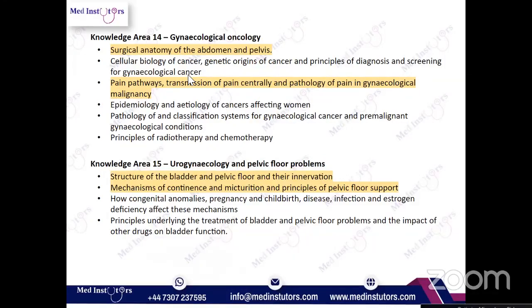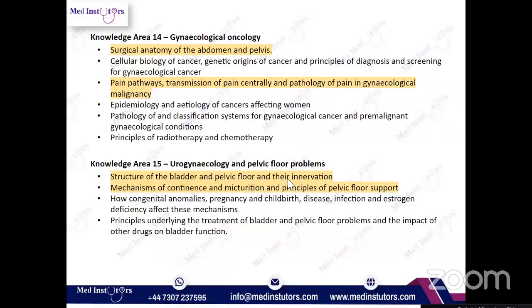The purpose why I have highlighted this is that in terms of neuroanatomy, we mainly cover the lumbar plexus and the sacral plexus, because that is relevant to obs and gynae. And yes, some of the peripheral nerves. Then knowledge area 15, which is your urogynae and pelvic floor problems: structure of the bladder and pelvic floor and their innervation.